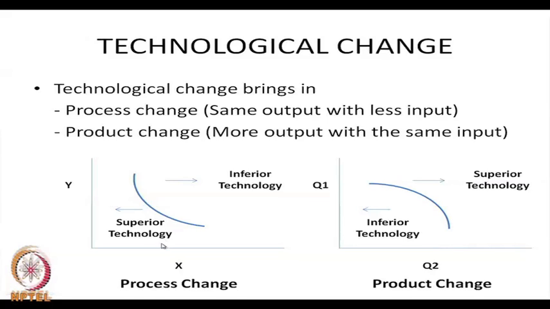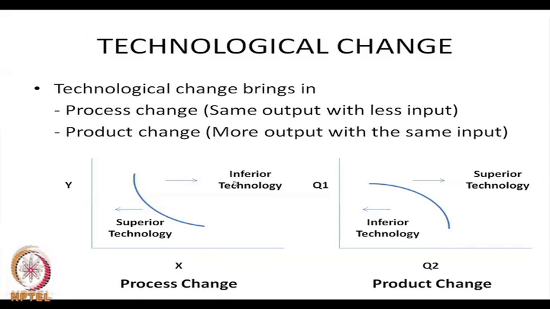Now, if a superior technology is available, then this curve will shift to its left, meaning that we will be able to produce the same output, but with less amount of x and less amount of y. This curve will shift to the left.